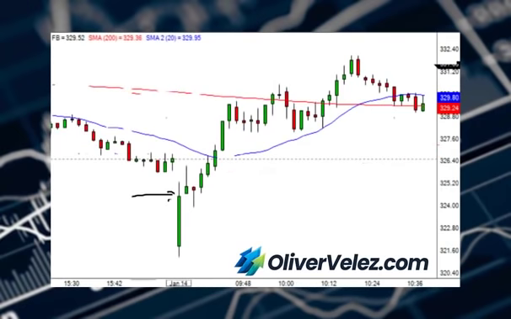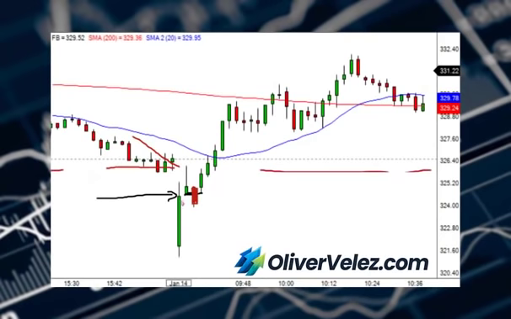There are some people who would try to go short here because this red bar broke the bottom of the topping tail bar. We're in negative territory, but they would try to go short here, which is wrong because you're now in the power range of this bar, and especially the top.